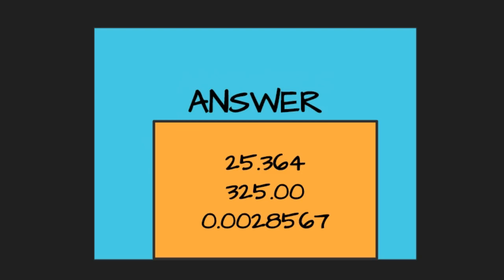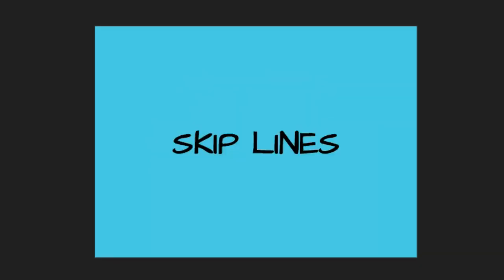And keep in mind that leading zeros between the decimal and the first non-zero number are not important. So if you had a decimal like this, you would need to include the 2 leading zeros as well, so 0.0028567. So that's what I mean by 5 digits, or 5 significant figures.